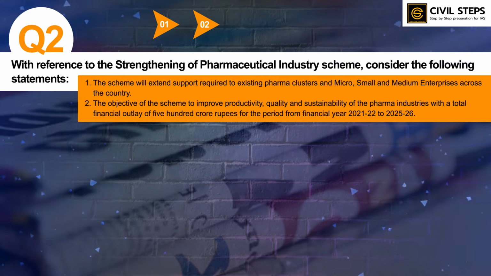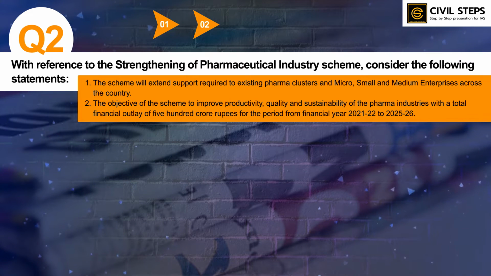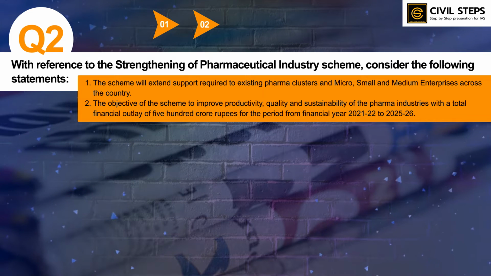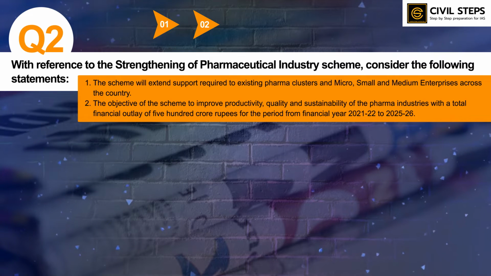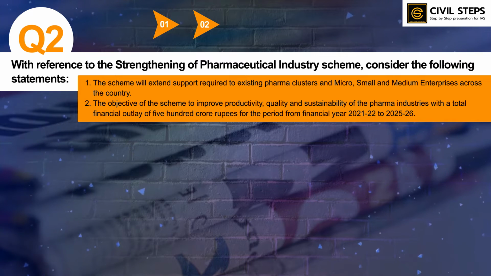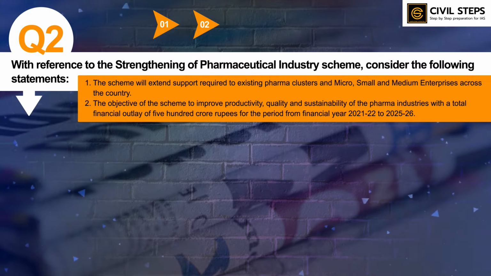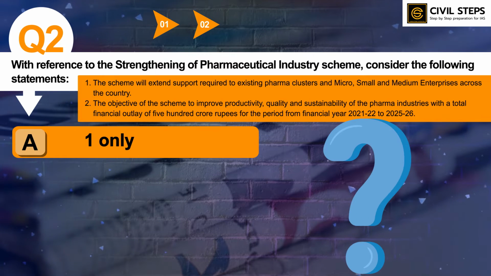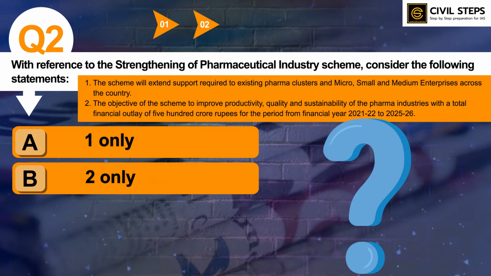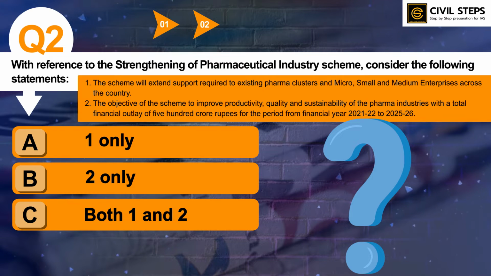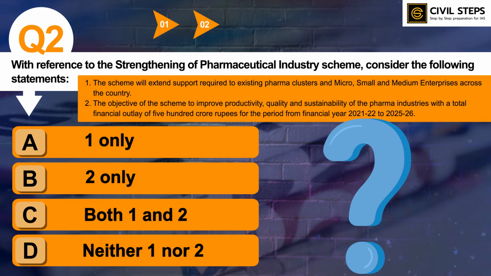Second, the objective of the scheme is to improve productivity, quality and sustainability of the pharma industries with a total financial outlay of 500 crore rupees for the period from financial year 2021-22 to 2025-26. Which of the following given statements is or are correct? Option A 1 only, B 2 only, C both 1 and 2, D neither 1 nor 2.